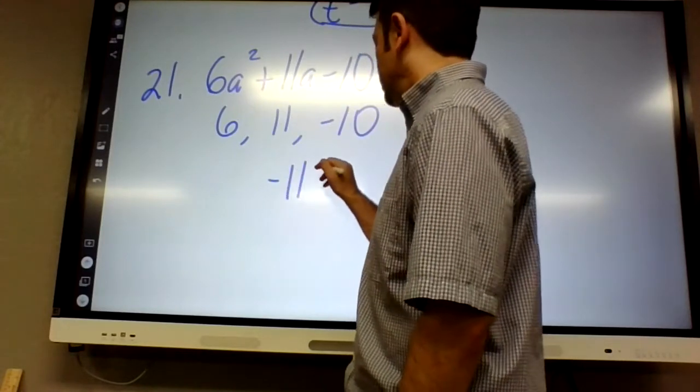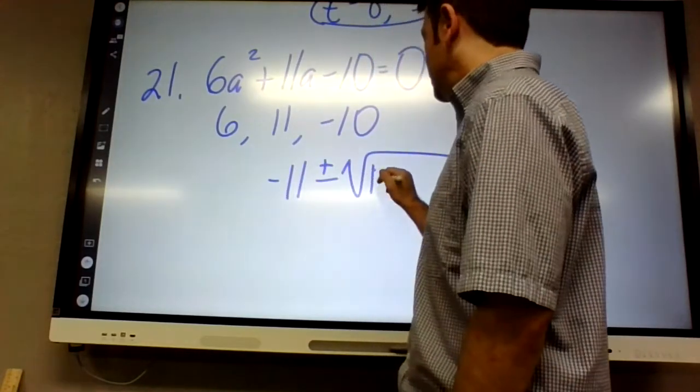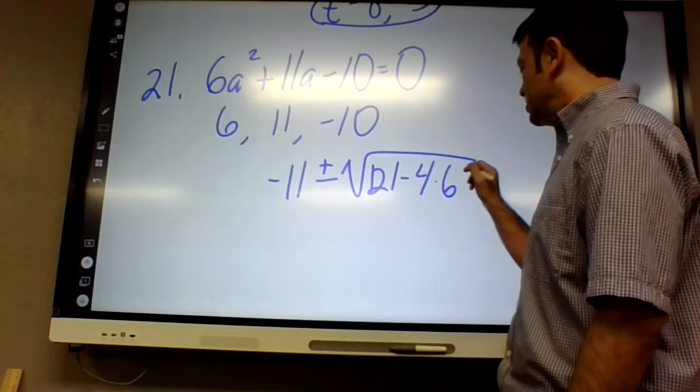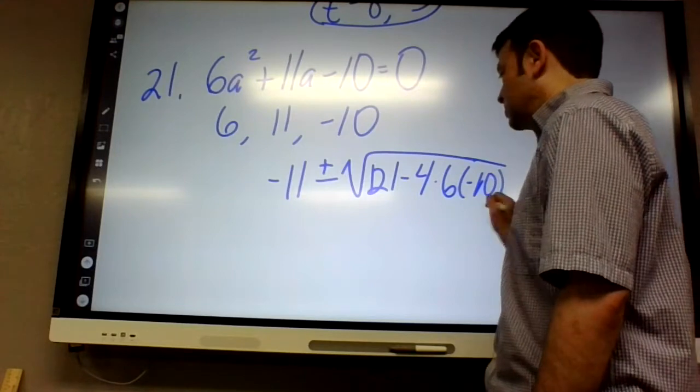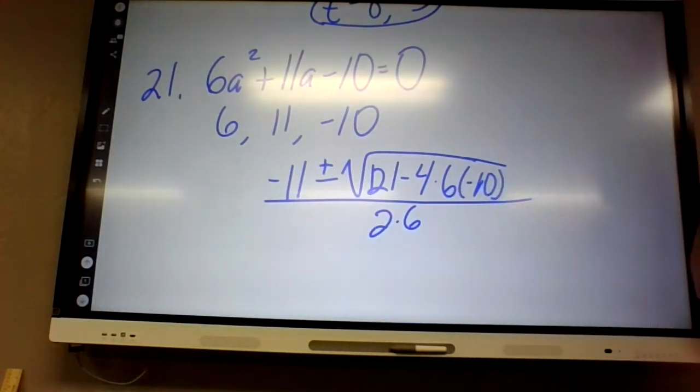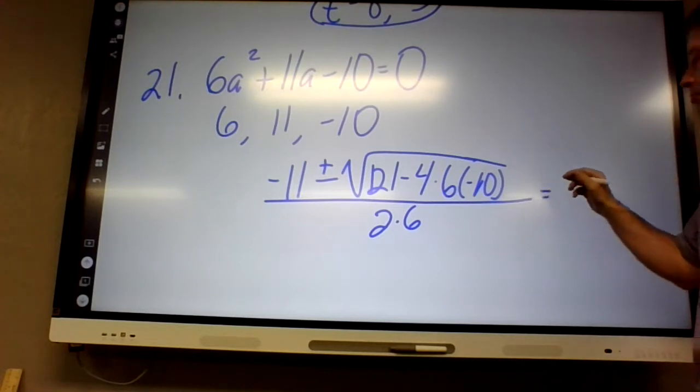Negative b plus or minus square root of b squared minus 4ac over 2a. You guys remember 11 squared? I think from memory this was square root of 361. Does 361 have a square root? Wait, actually, let me check. 19.